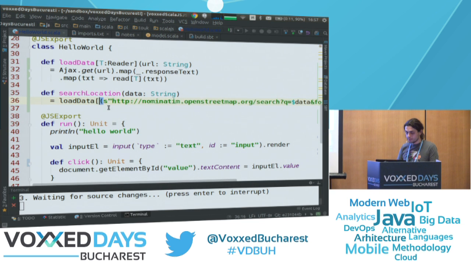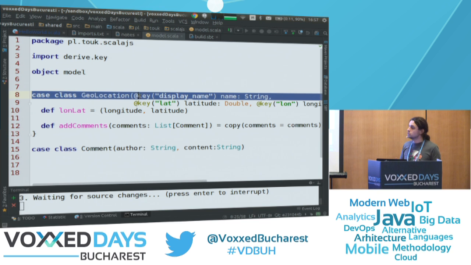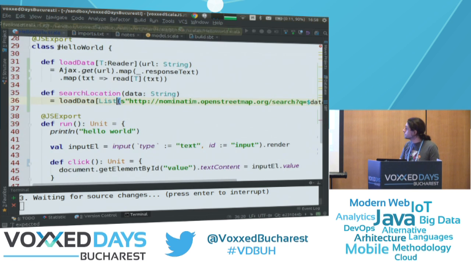And what will be the type? In fact, for this project, I provided a small model class, it will be called Geolocation. So it's a normal Scala case class. There are some annotations that will be used by upickle to detect what the fields are named and translate them to the fields of the case class.